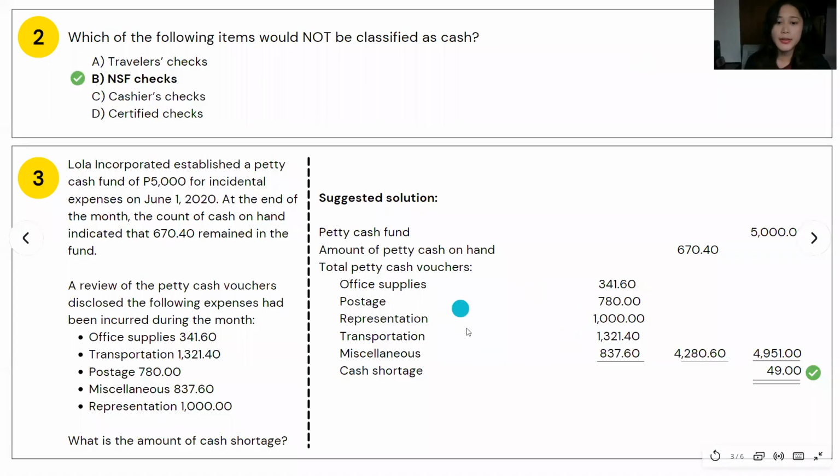So, yung total na petty cash vouchers natin ay 4,280. I-add natin yung petty cash on hand natin na cash equals 4,951. Check natin compare dun sa 5,000 na petty cash, 5,000 less 4,951 equals 49 pesos. So, ito yung naging shortage ng ating petty cash fund.